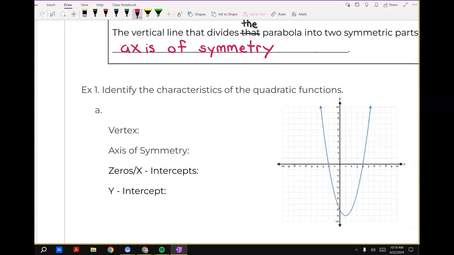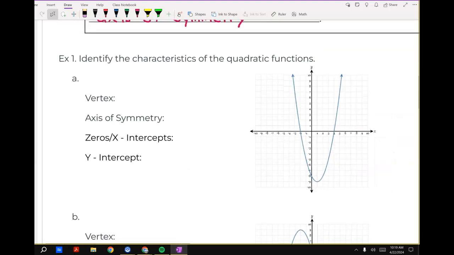So we're just going to go through these, and we're going to pick out these four characteristics. We'll label them on our graph, and I'll also put the labels to the side here, so they'll be in two places. There's not a particular order to start with, but let's start with the vertex.